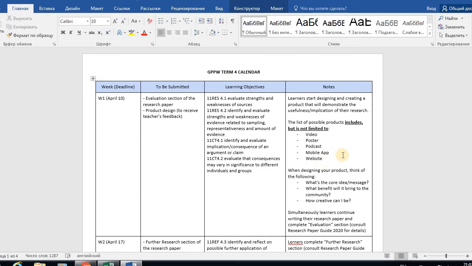Well, that product could be a video, a lecture, where you would share the findings of your research, and you have a desire to leave a legacy or an important message to the community, to your class, to grade 11, to high school students, grade 11 and 12, maybe something for grade 10, maybe for the entire school, for students and teachers.